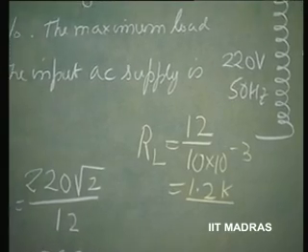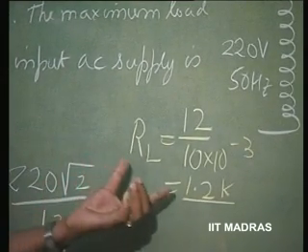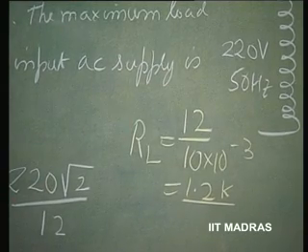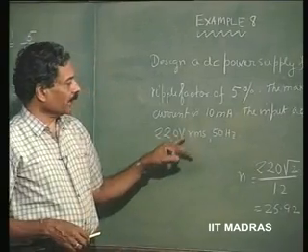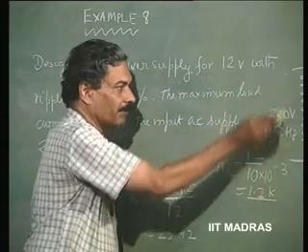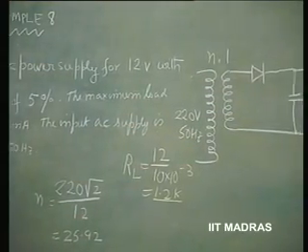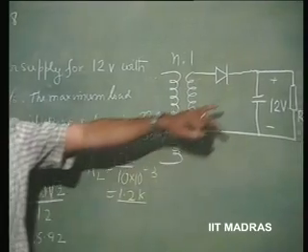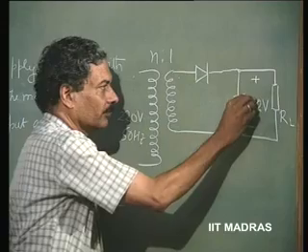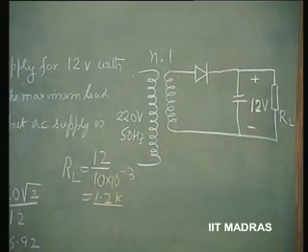That is the maximum loading you will have, with a minimum load resistance across the 12 volts. The input AC supply is 220 volts RMS with 50 hertz, applied to a transformer primary, and the secondary should be so adjusted that we get a DC output voltage of 12 volts. This is what is specified.